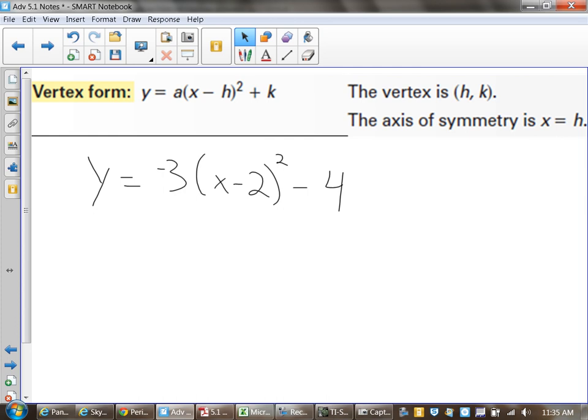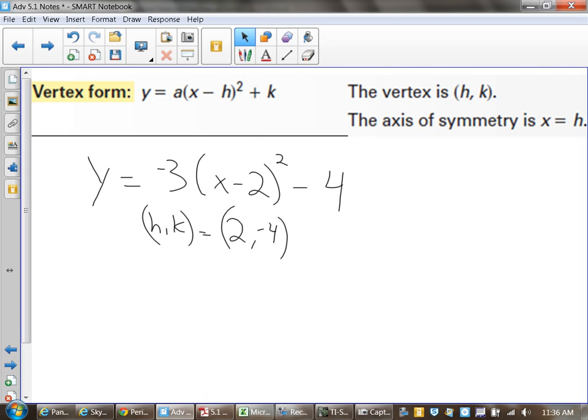Now remember, when you're looking at these things, we had x minus h. Is my h value -2 or +2? +2. So my h in this case would be 2, and what's my k value? -4, good. We're going to see h and k in every single graph situation that we see from here on out.